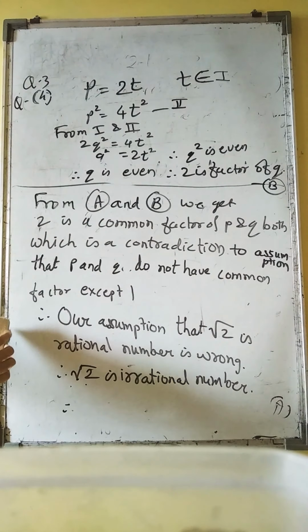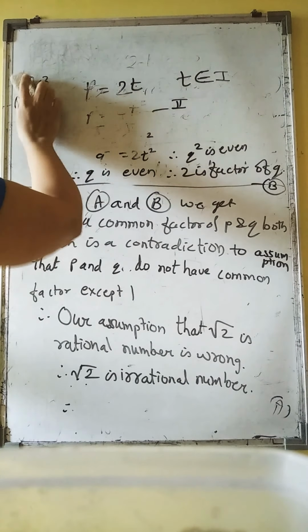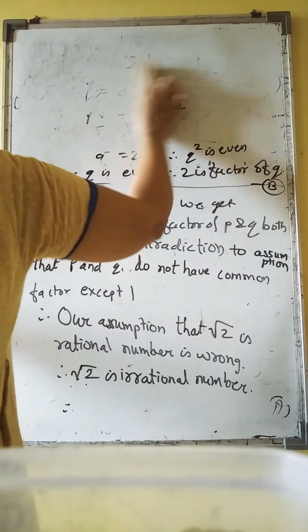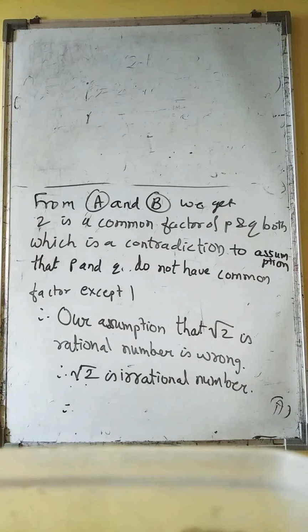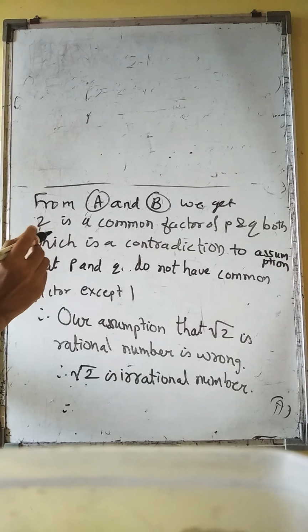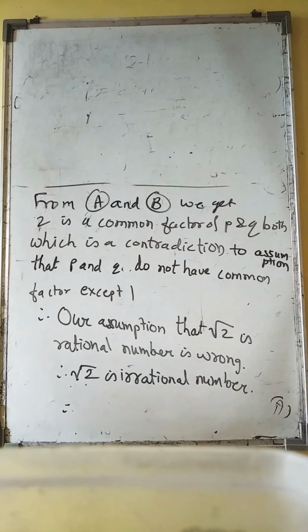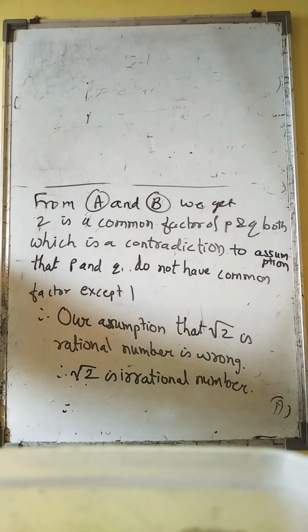Is it completed? So, we have properties of the irrational numbers.